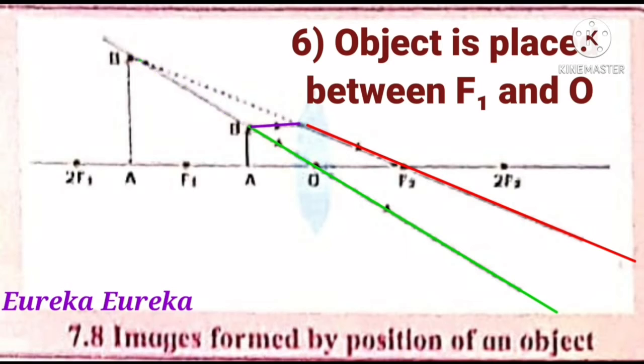And here a virtual image, an erect image and an enlarged image of the object AB is formed. And this image is called a virtual image because the light rays do not actually meet each other, but they appear to come from a point B dash which is on the same side of the object.